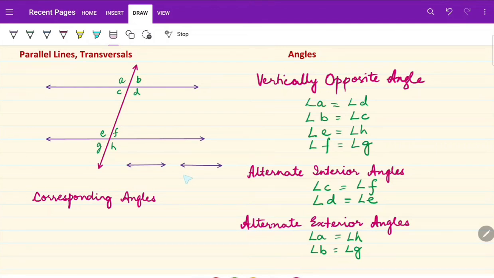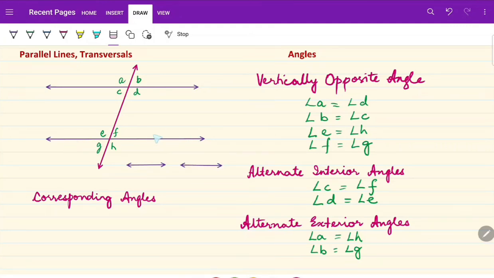It'll be easier for us to visualize the correspondence between the angles. So the one on the left side will represent the top parallel line, and the one to the right will represent the line at the bottom.